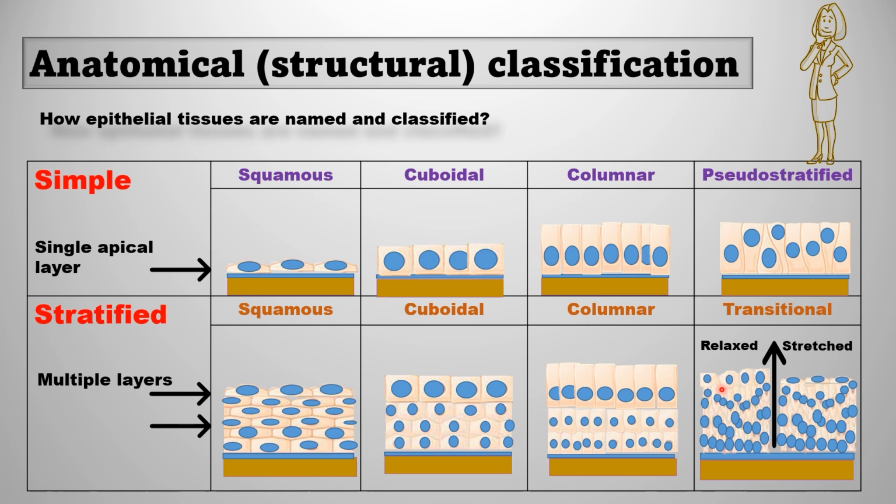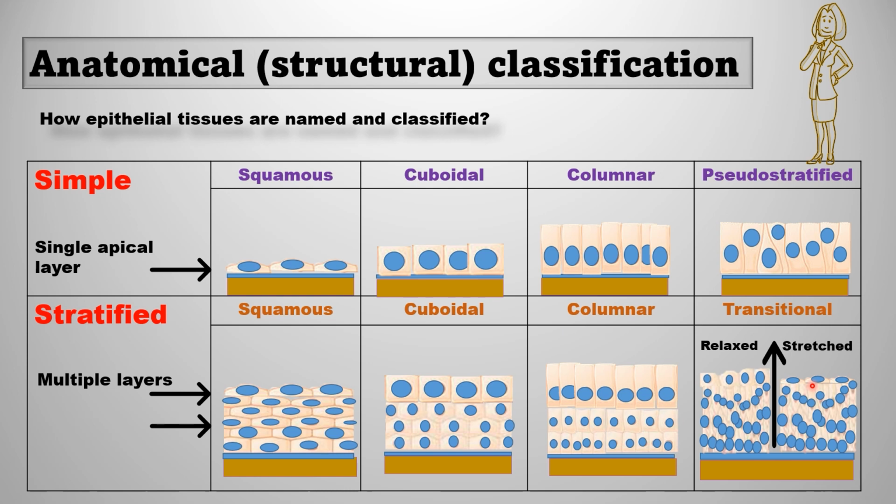So the cell takes its normal shape, which is a cuboidal one with a rounded apical surface. But when urine accumulates, it presses on this cell and the organ itself distends, and the cell changes shape and appears as if it is squamous, flattened.